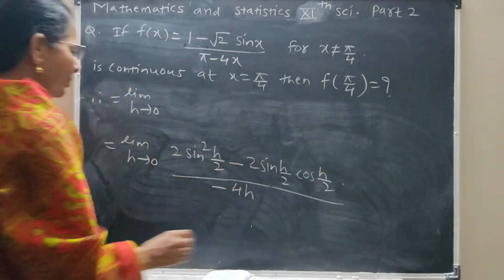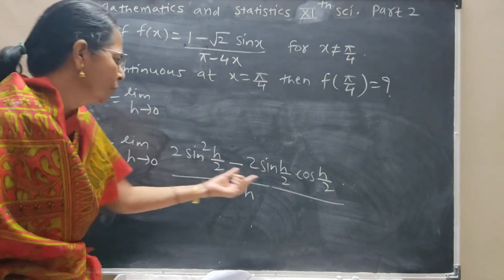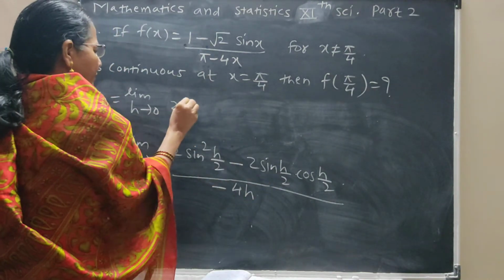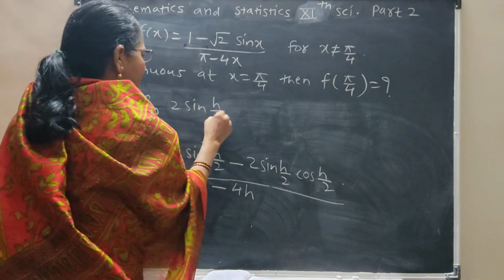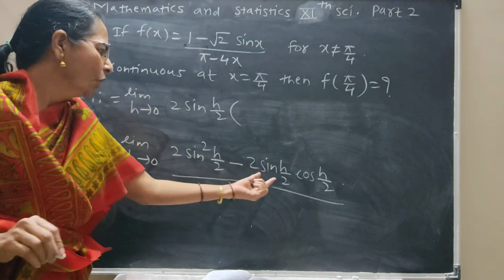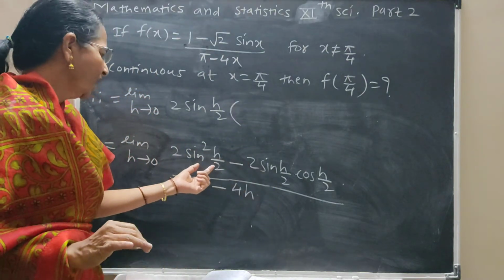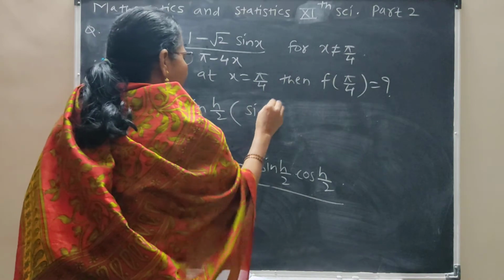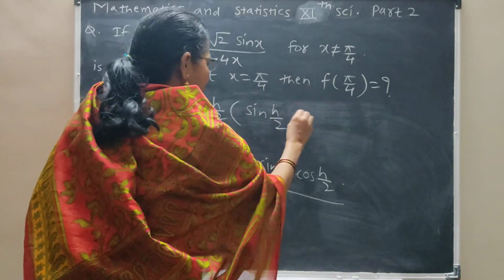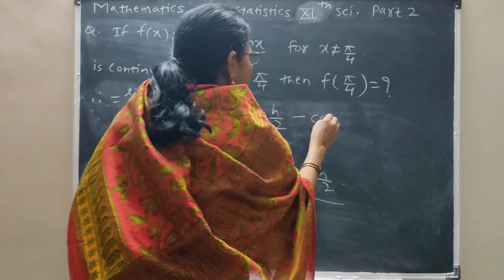Next step: from the numerator, 2 sin h by 2 is common. Here remains sin h by 2 minus cos h by 2.